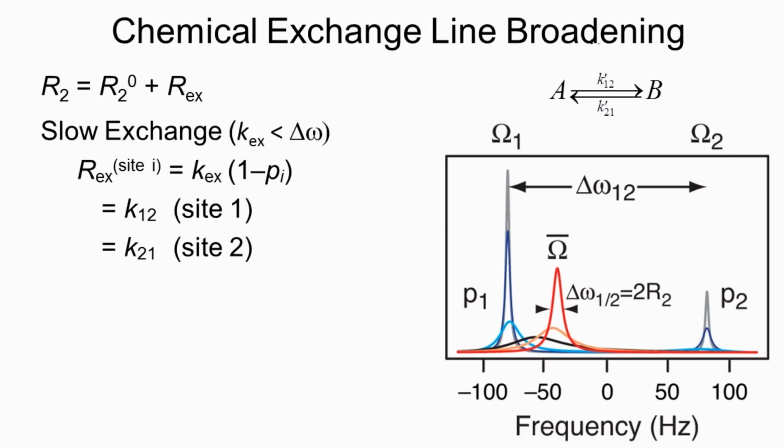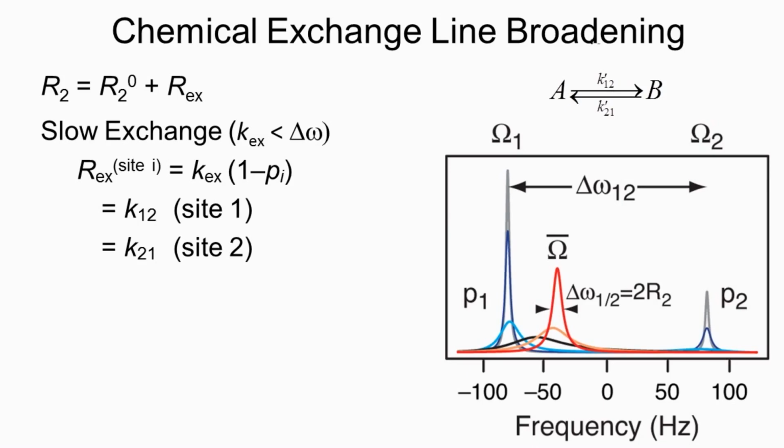In slow exchange, each line is broadened, and it's broadened basically by the rate constant for jumps out of that particular state. So the resonance for state A is broadened by K12, the jump rate from state 1 to state 2.